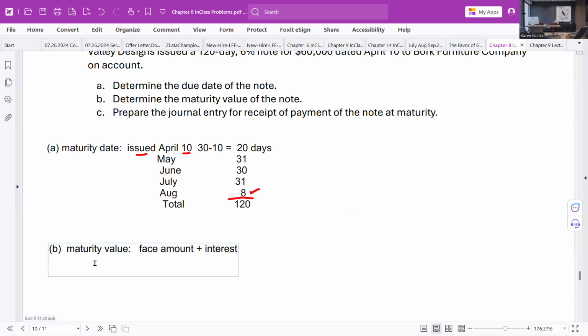And the interest, how do we get that? Interest is a function of the face amount times the interest rate times the term.